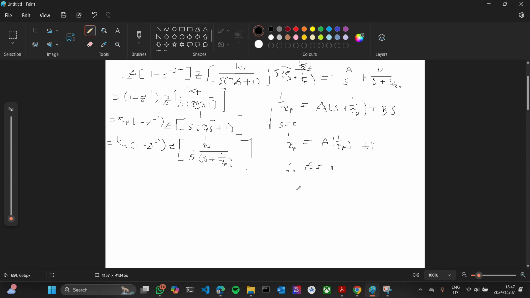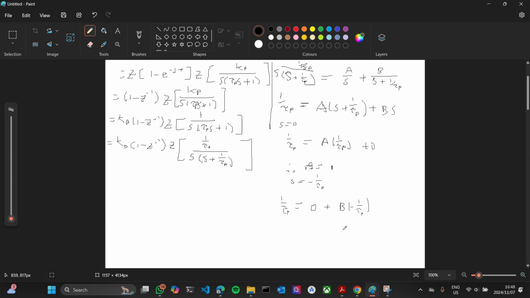Okay? Then for B, we're going to look at s equal to negative 1 over tau p. That's going to give us 1 over tau p, which is equal to, this is going to cancel out, so I'm just going to go ahead and write 0, plus B times minus 1 over tau p.